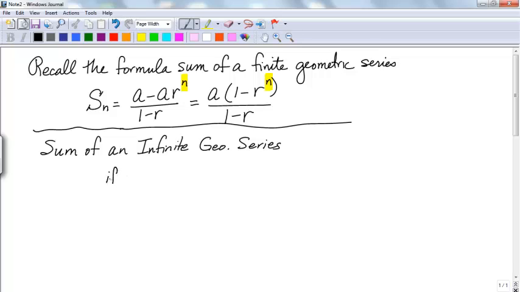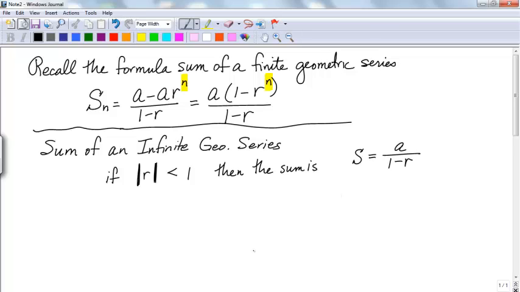Okay, if the absolute value of your ratio, the absolute value of r, is less than 1, then the sum S, and there's no n on it because it's infinite, equals a over 1 minus r.